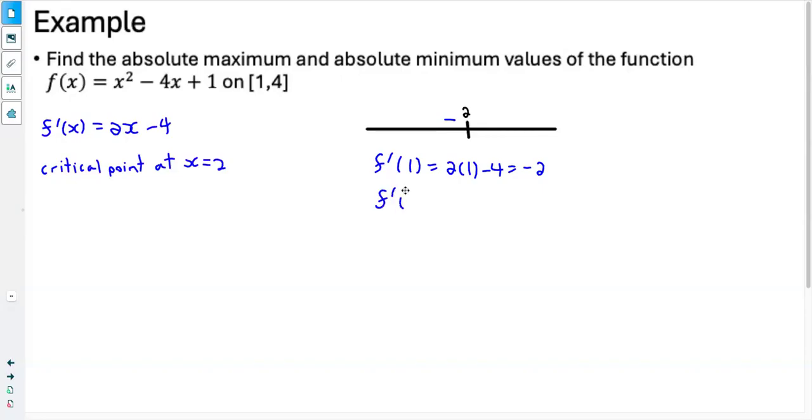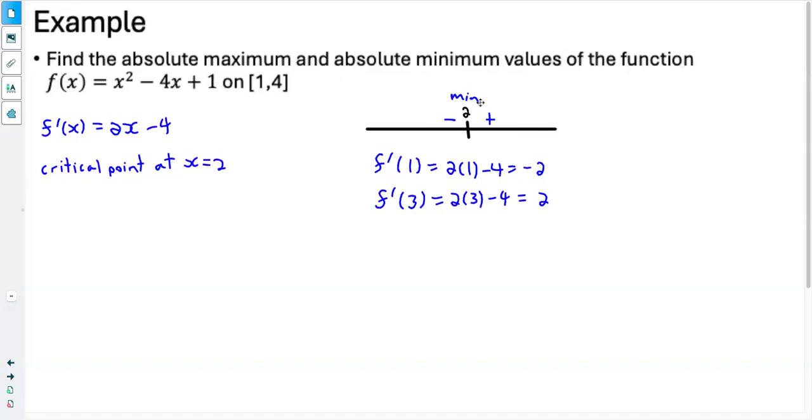And if we do f prime of, let's say, 3, that would be 2 times 3 minus 4, so that would be positive 2. So that's positive on this side. Right now we can see that we have a negative slope and then going to a positive slope. Therefore we know that this is a minimum value. We don't know if it's an absolute or relative minimum. We'll do some more calculations to find that out.